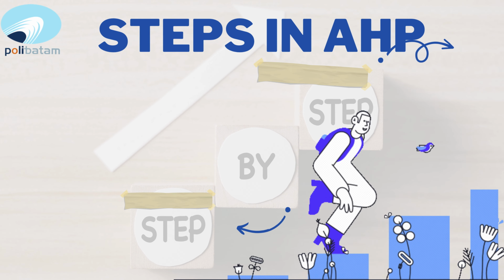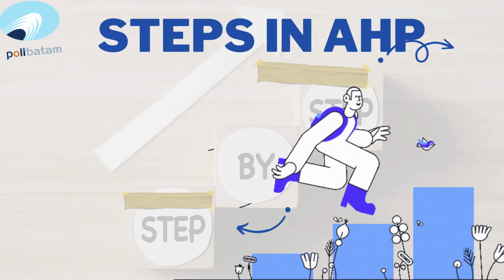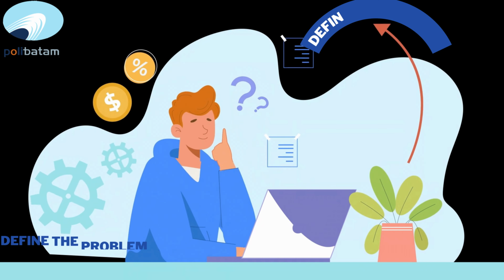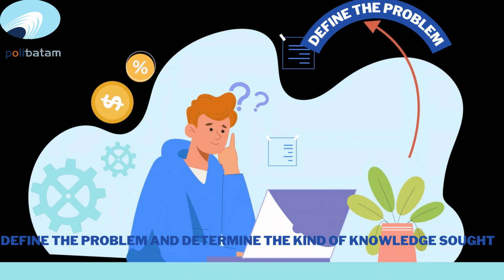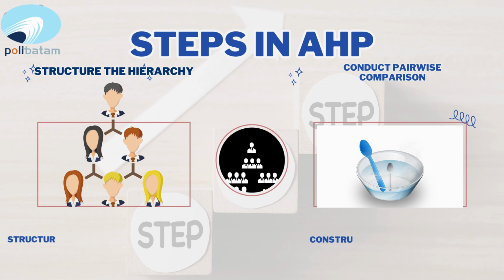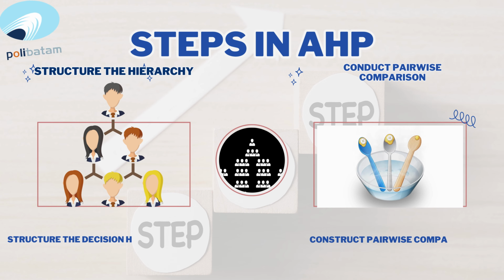AHP involves several steps to ensure a true analysis. Step 1: Define the problem and determine the kind of knowledge sought. Step 2: Structure the decision hierarchy from the top goal to intermediate objectives to alternatives.